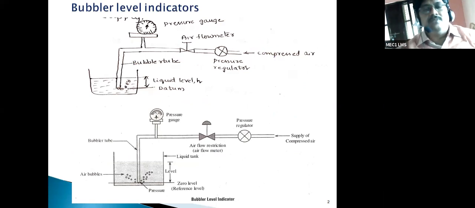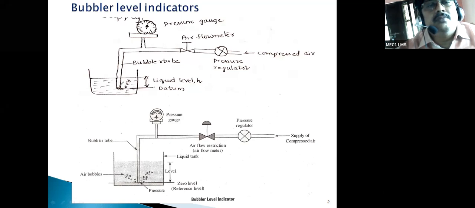If you observe this bubbler level clearly, a bubbler tube is there. This is the bubbler tube.